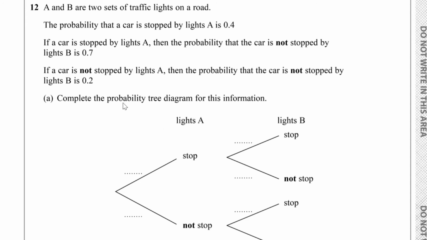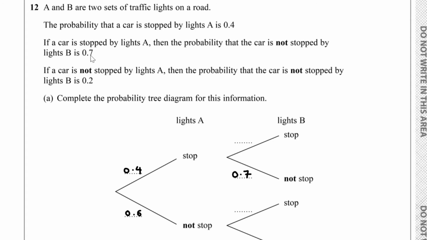So, first of all, the probability that a car is stopped by lights A is 0.4, so let's add this here. And therefore the probability that it's not stopped by light A will be 1 take away 0.4, which is 0.6. Of course, we need to remember that probability adds up to 1. Now, we were told that if the car is stopped by A, then the probability that it's not stopped by B is 0.7.